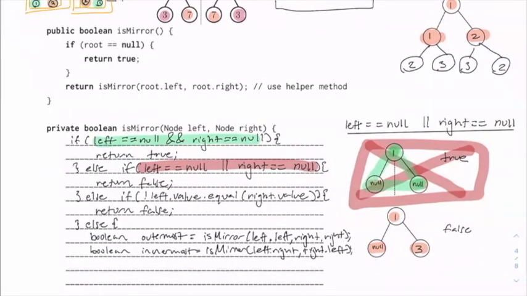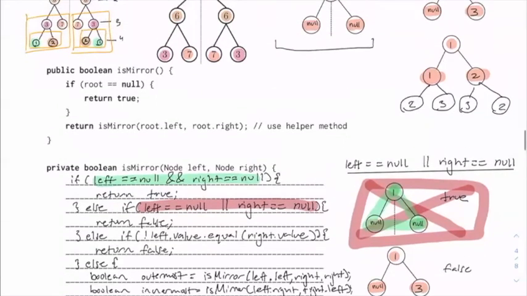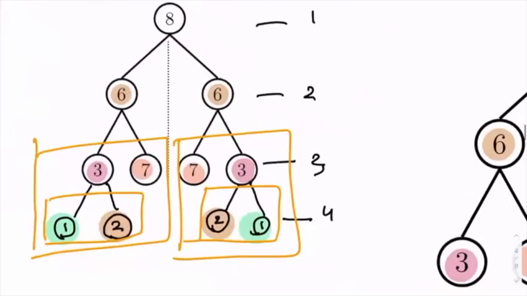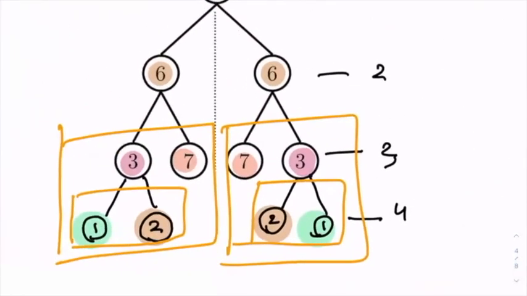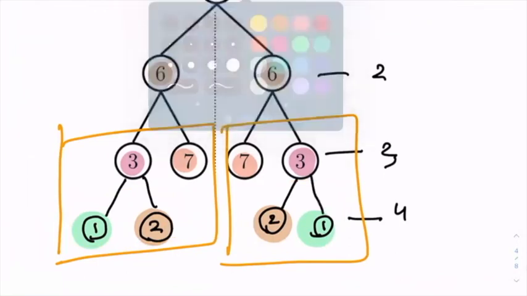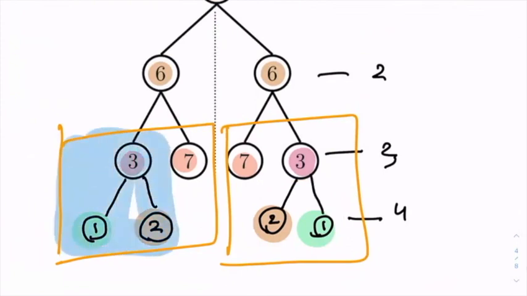And now we have a choice to make. How do we combine these two innermost and outermost booleans? So let's zoom in again. We have this idea of innermost and outermost. So what we've done is we can basically say we compared this blue section, this tree created by the value 3, with this blue section.